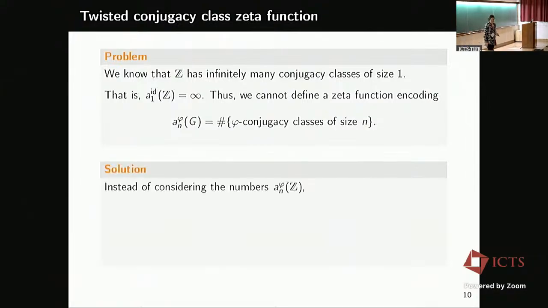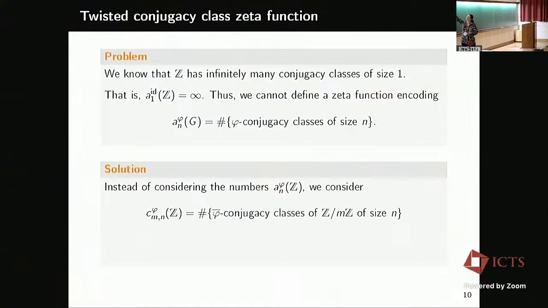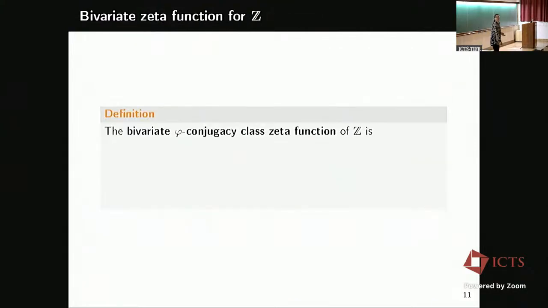So instead, I considered taking the number of twisted conjugacy classes of the induced endomorphism on Z mod M, for instance. Now we have a finite group, and all those numbers are finite. But now we have a double sequence, so to say. So we define a bivariate zeta function out of it.